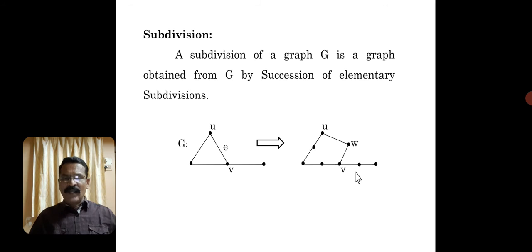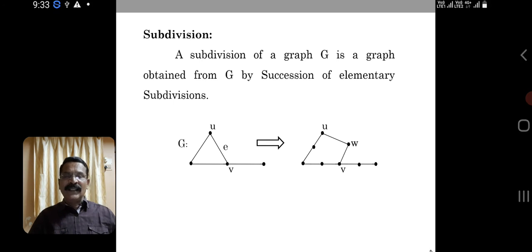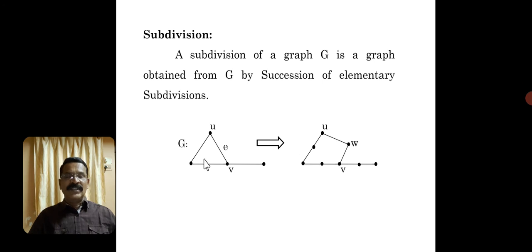Whatever graph you get after this elementary subdivision continued for different edges is a subdivision of the original graph G. In this example it is very clear that this graph is an elementary subdivision repeated for different edges, so ultimately this graph is a subdivision of the graph G. Very interesting and very simple also.